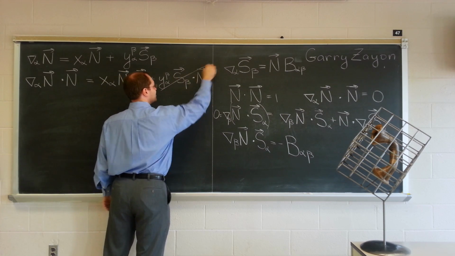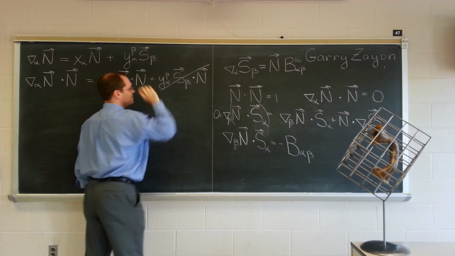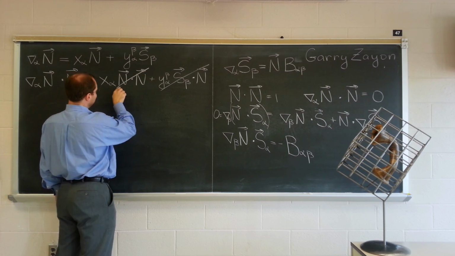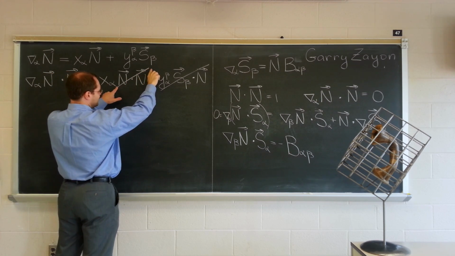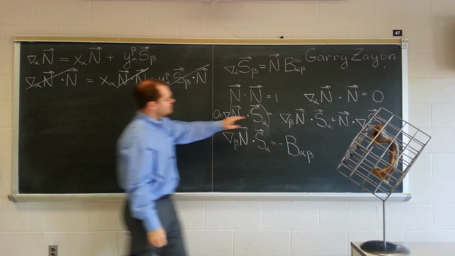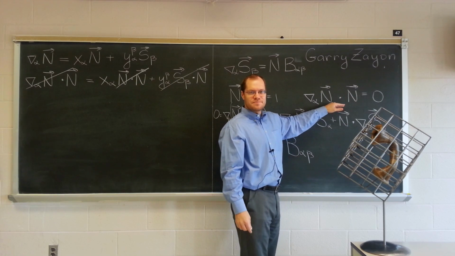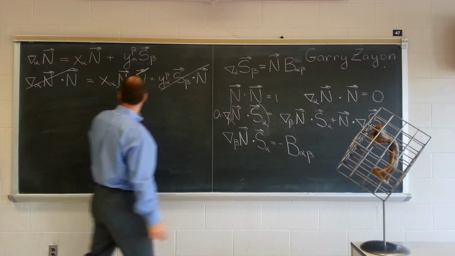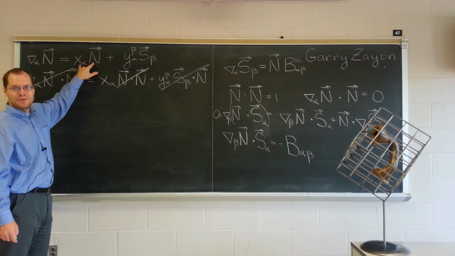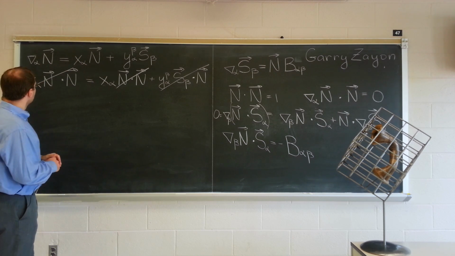Of course, this is 0 because the normal is orthogonal to the tangent space. This is 1. And this, of course, is 0 by the identity that we just derived. So as we expected, these coefficients are 0. There is no normal component.